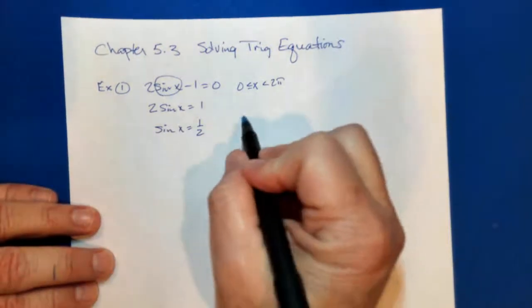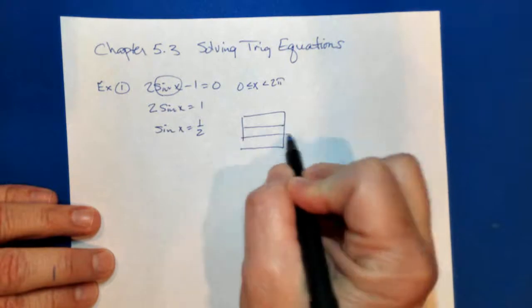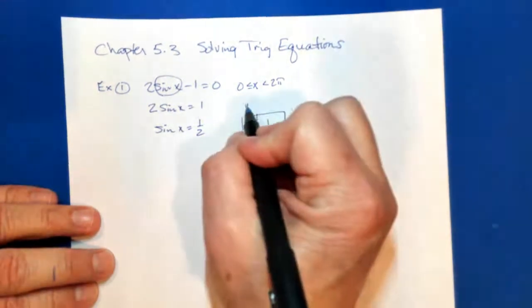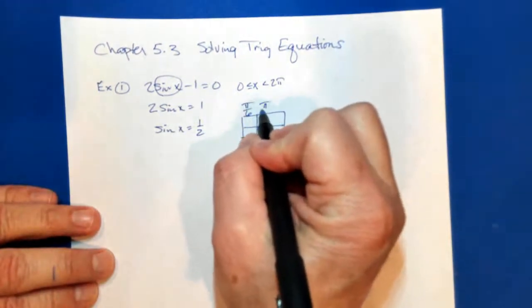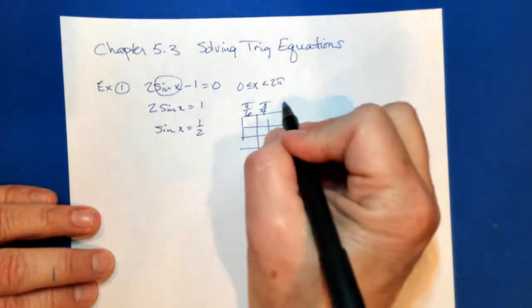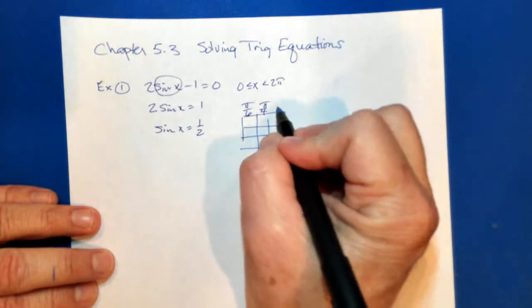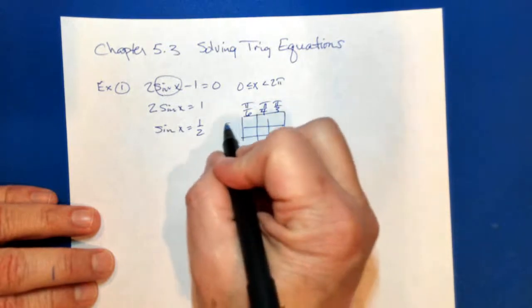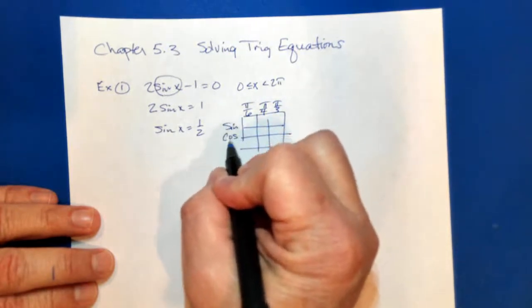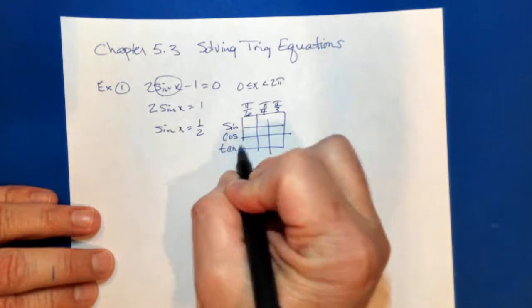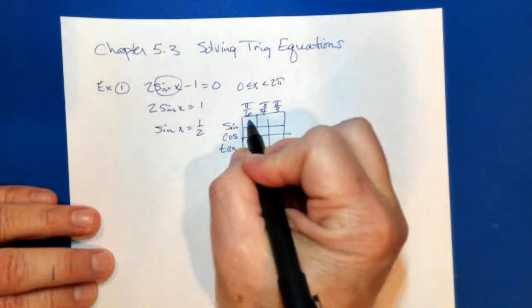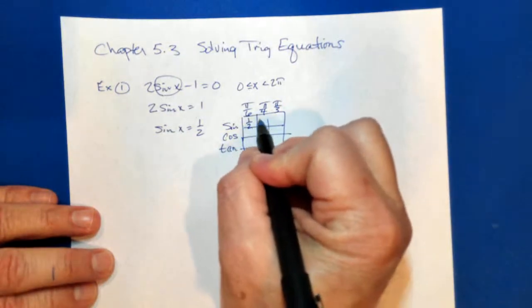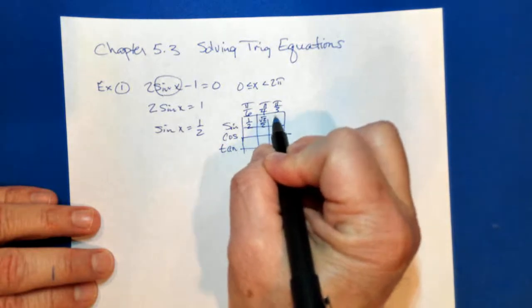Just to refresh you with your quadrant 1 values: in quadrant 1, anything with a denominator of 6, 4, or 3, for sine, cosine, tangent, is as easy as 1, 2, 3.